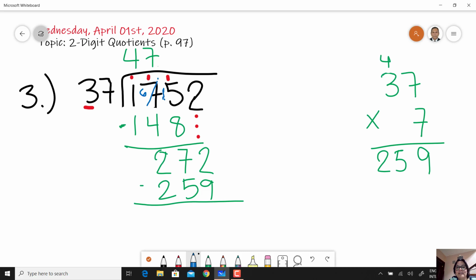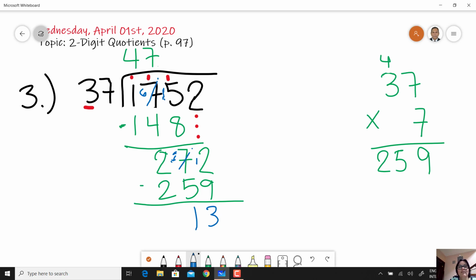Can you say 2 minus 9? No, right? 2 needs a unit from 7. So 2 becomes 12 and 7 becomes 6. So 12 minus 9? 3. Okay. And 6 minus 5? 1.